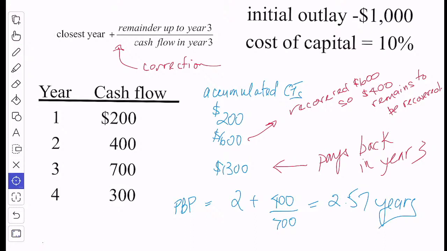So it's 400 that remains, and you'd spread it out over the year 3 revenues, and you get 2.57. Unless I made a mistake, I get 2.57 years.